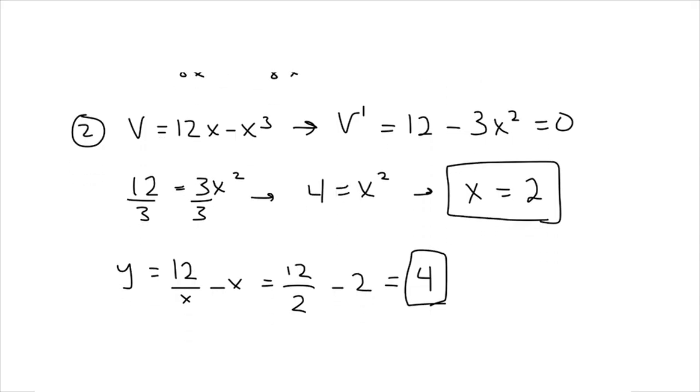Well, what I can do is be tricky here and just get V double prime, right? Take the derivative of this. So V double prime is negative 6x. Do we agree? If I plug in 2, I don't really care about the number itself. I care about its sign, which is negative.